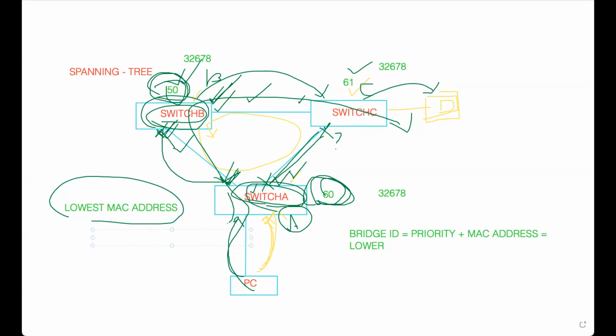I'm sorry, Shruti, you're saying we can or we cannot? I think we cannot. Anyone want to contradict that, or do you agree? We can manually use the bridge ID to change the priority. No, we can change the priority. That will change the bridge ID. I think it's the other way, Shruti. We cannot change the bridge ID, but if you change the priority, that will change the bridge ID. Okay, okay.